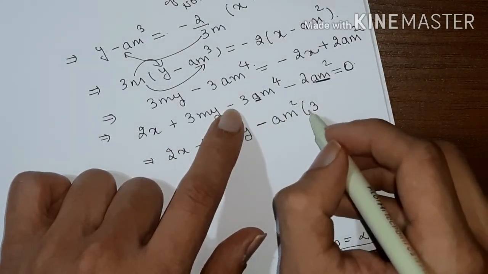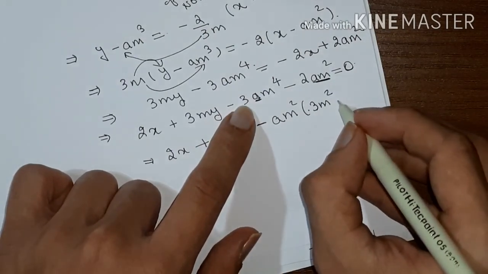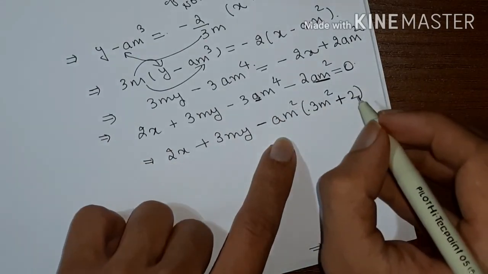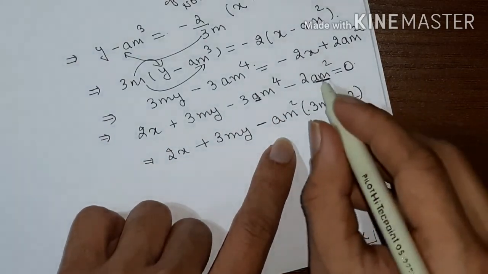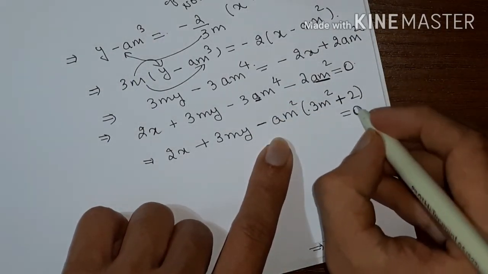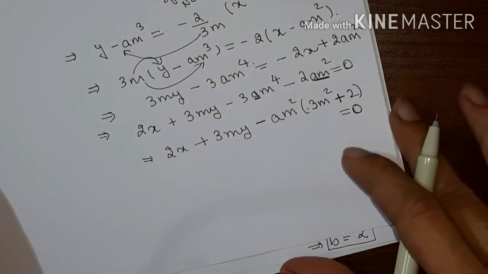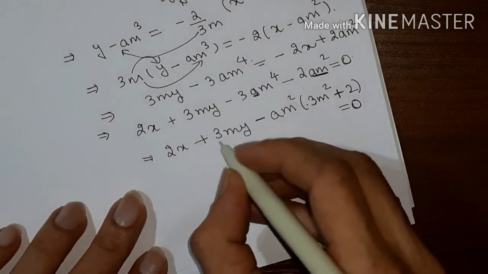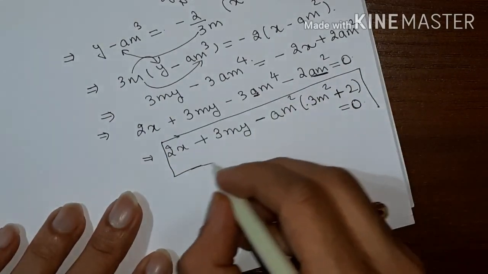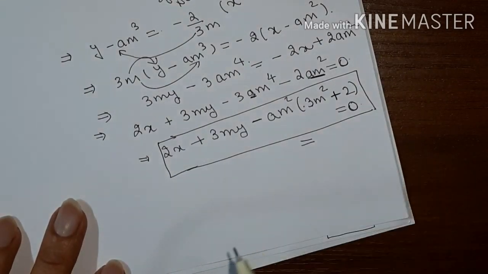So positive 3 m square plus what will remain here? 2, right, again positive because we have taken the minus sign also common. Okay, which is equal to 0, right? So this is what we will get. Okay, this is the equation of the normal at the point am square comma am cube, right?